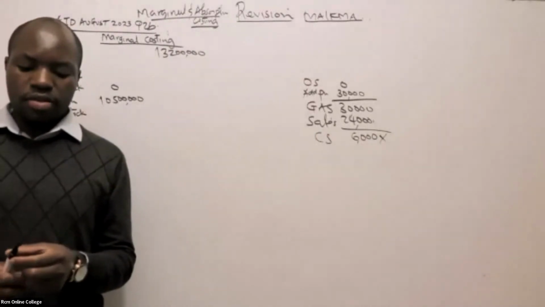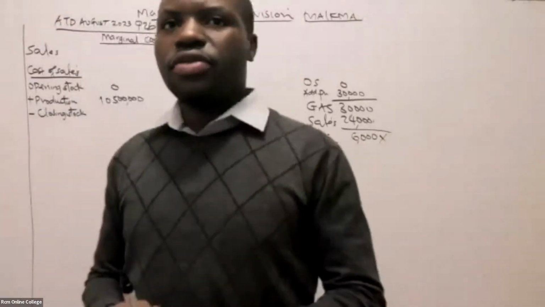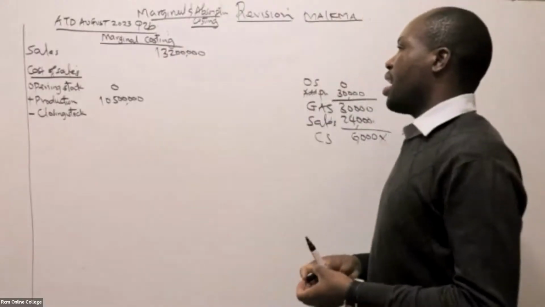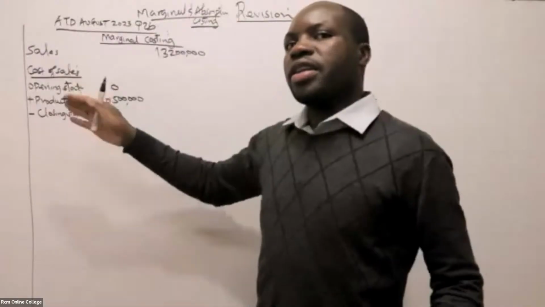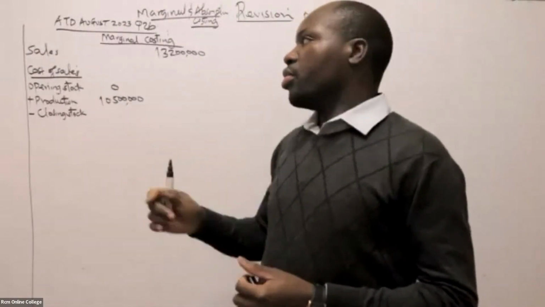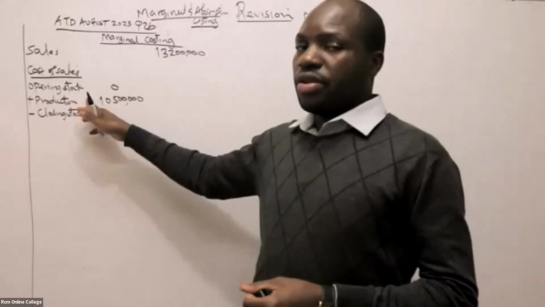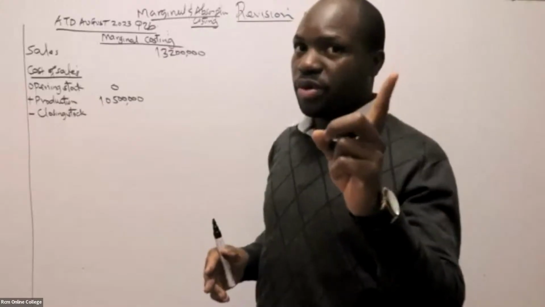So if the examiner was to be a little bit keen, they will do a very simple thing. They will give you opening stock and the cost per unit of the opening stock. Then number 2, they give you production during the month. Now, in doing so, we are going to use different cost per unit.